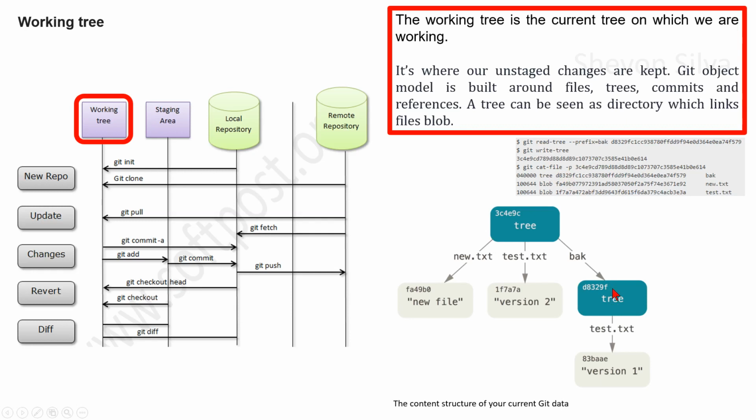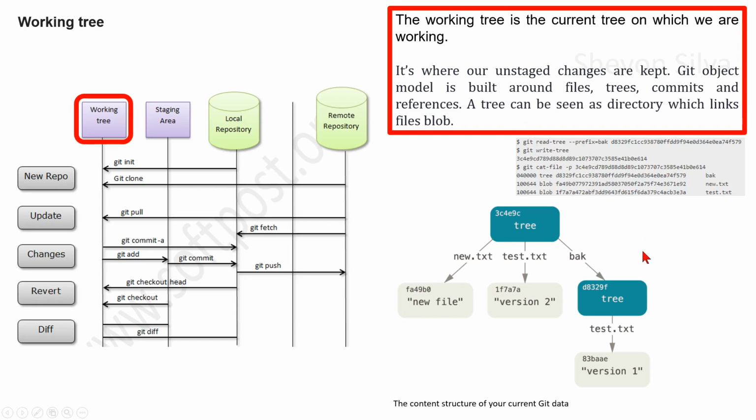You can read trees into a staging area by calling git read-tree. In this case, you can read an existing tree into a staging area as a subtree by using the --prefix option with this command.